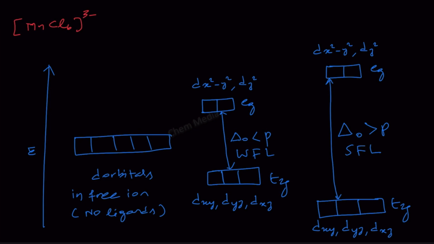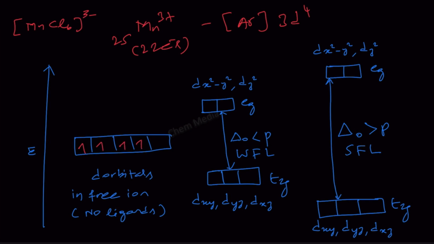The next one, manganese 3 plus, we have 22 electrons when it is 3 plus. Therefore, the electronic configuration is argon and then 3d4. We have 4 electrons in the d orbitals in the free ion. That means in absence of ligands. So in presence of ligands, it is a weak field ligand, and therefore pairing won't occur.